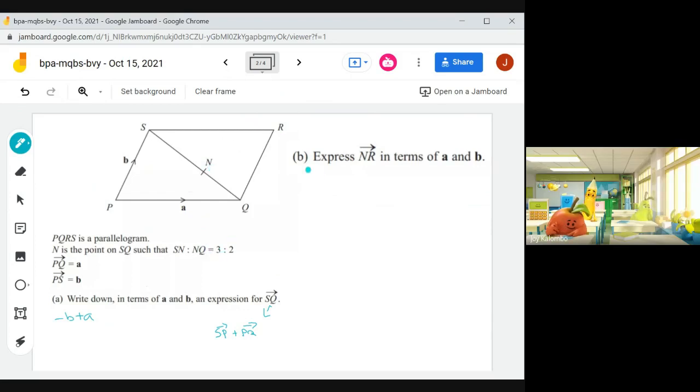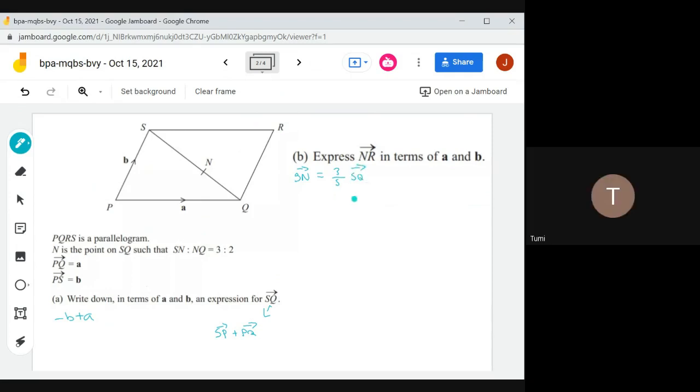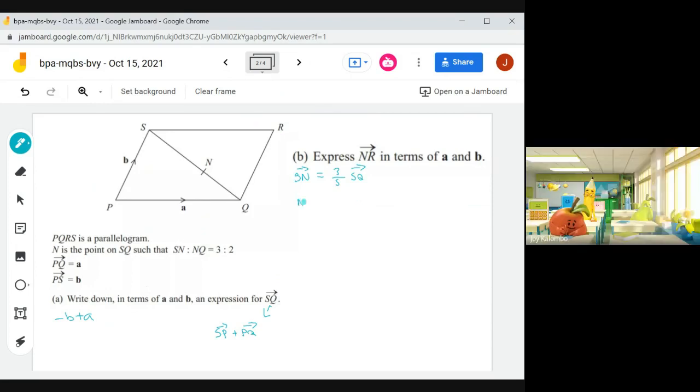So indeed, we know that S to N is going to be 3/5 of S to Q. Yep. And N to Q is 2/5. Yep, N to Q specifically is 2/5 of S to Q. You must always specify what it is 2/5 of. Oh yeah. That's good.